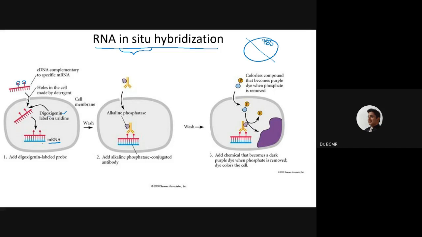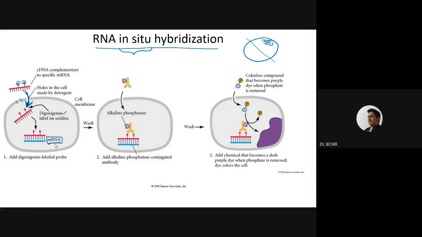So we should permeabilize the membrane. Otherwise, the DNA cannot enter into the cell. So using detergent, one can allow pores to form, because of which the complementary DNA enters into the cell and base pairs with the mRNA, based on the concentration, if it is there or not, and how concentrated it is.